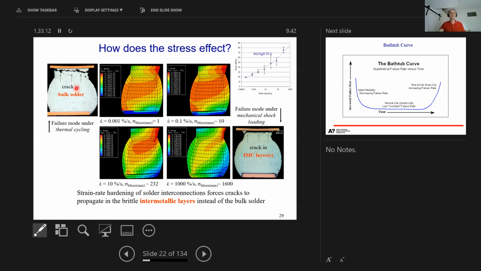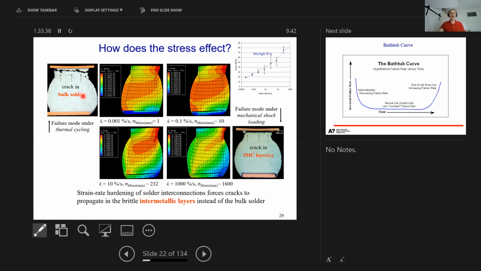The stresses are distributed over the actual solder joint, and in this case the maximum stress we can find is just one, whatever unit. So it's kind of normalized stress.